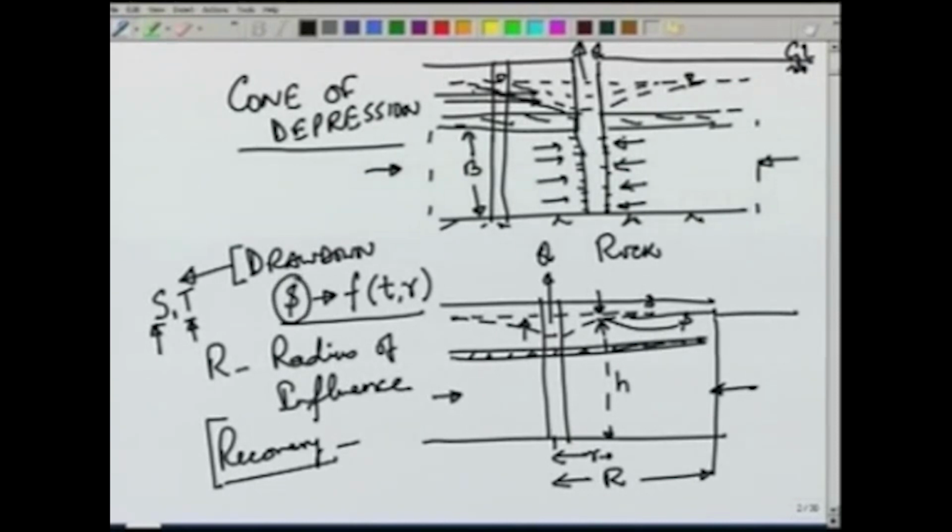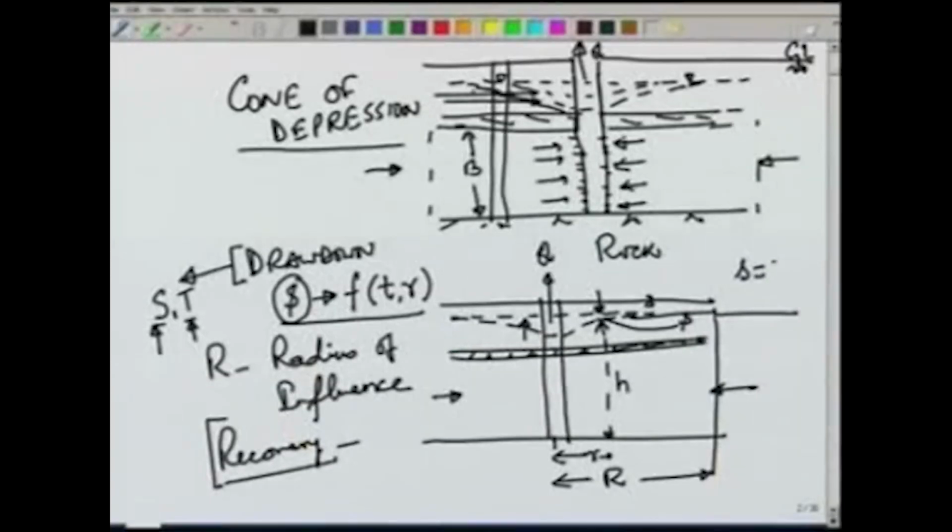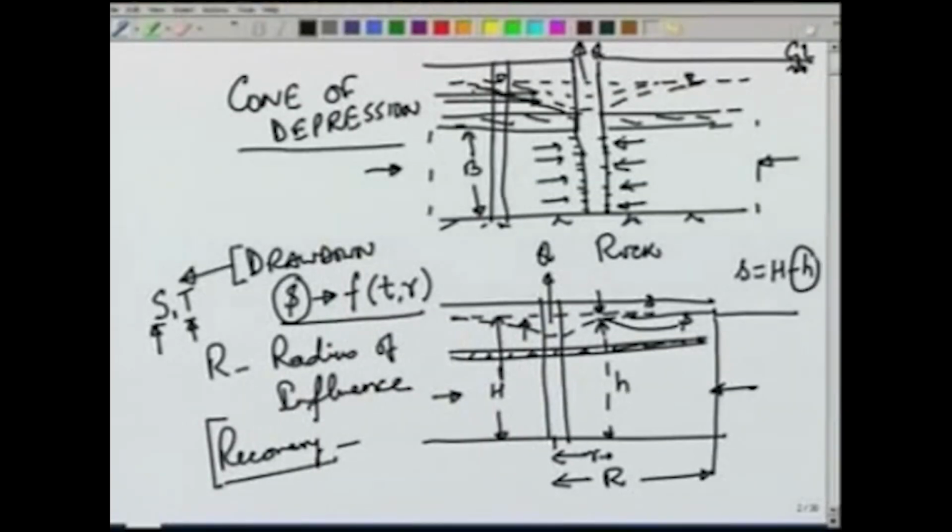So, we will see first how H and therefore s, because s is nothing but initial H minus H, where capital H is the height of the initial piezometer level. So, if we find out how H is changing with time, we can derive an equation for the drawdown, and that will help us in finding out the storage coefficient and transmissivity of the aquifer.